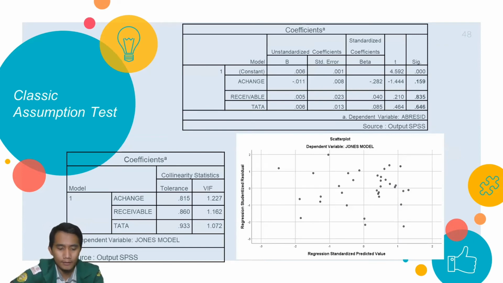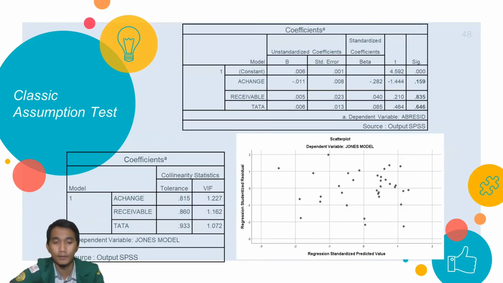Classic assumption tests. In the multicollinearity test, the tolerance value is greater than 0.1 and the VIF value is less than 10, so there is no multicollinearity between the independent variables in the regression model.